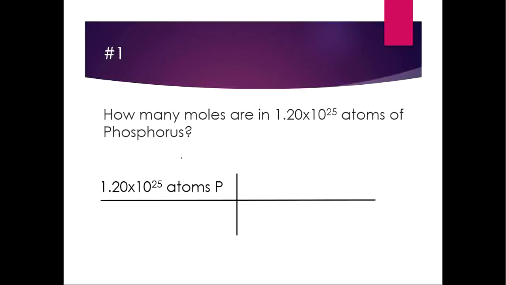Now units are important, so please get into the habit of writing all the units. So here we have atoms and the substance, phosphorus, P. And remember what we do next in our fence. We bring down the unit and unit only, atoms of P, atoms of phosphorus.